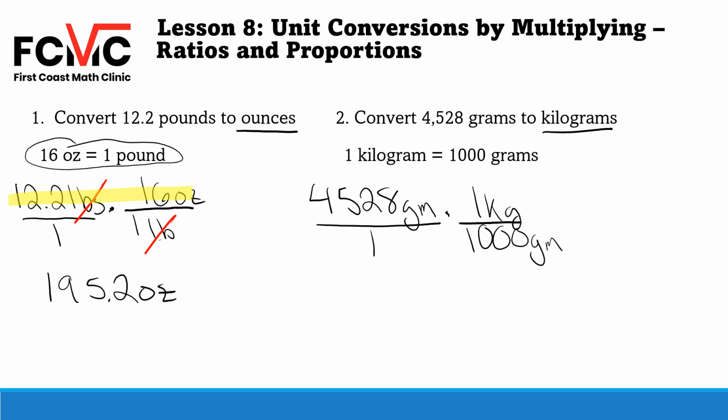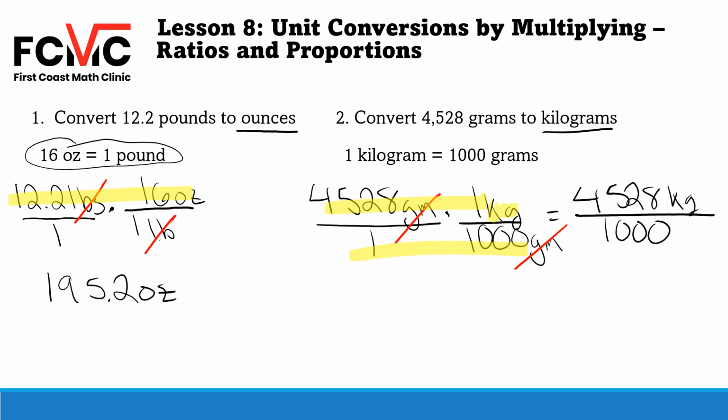Now the label grams and grams cancels out, and I'm left with the label kilogram. I'm going to multiply straight across. So I have 4,528 kilograms over 1,000. Divide by 1,000, and I get 4.528 kilograms.